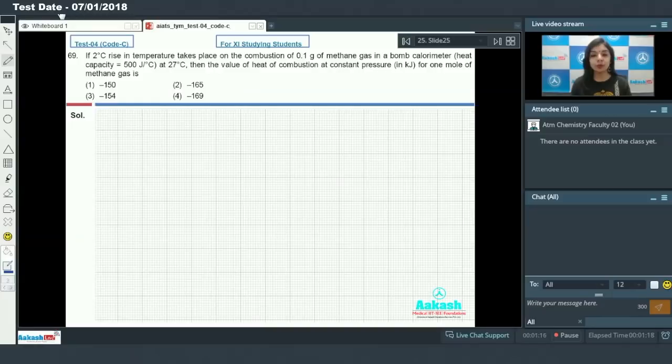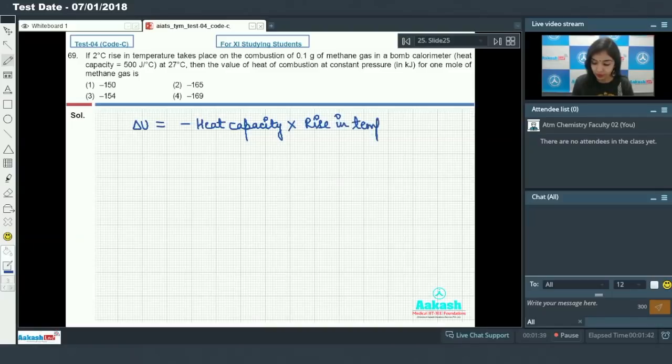So in the bomb calorimeter, heat is evolved at constant volume. So we can say that it is delta U, because it is heat evolved at constant volume. So it is minus heat capacity of bomb calorimeter multiplied by rise in temperature multiplied by molar mass of the gas divided by weight of the gas.